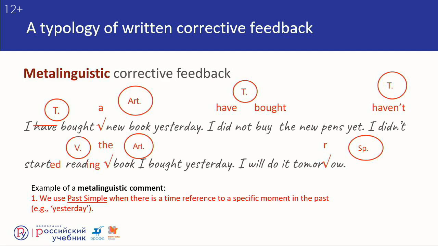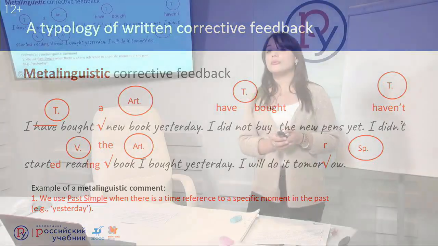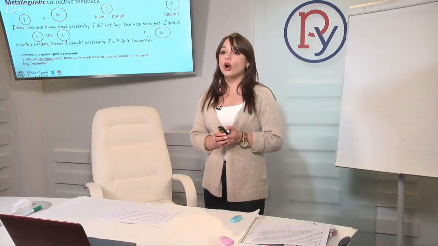Well, obviously those are often referred to as error codes. Those are little abbreviations which stand for different types of mistakes, and do we use them for us or do we use them for our learners? Well, the right answer is actually for both.